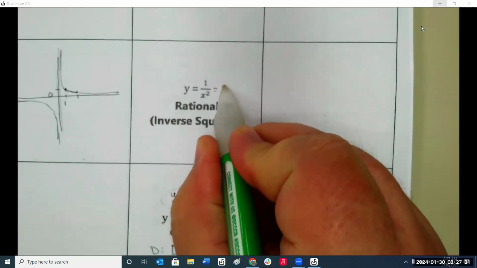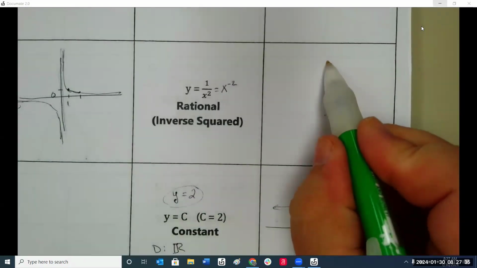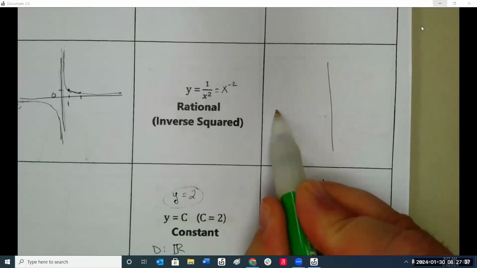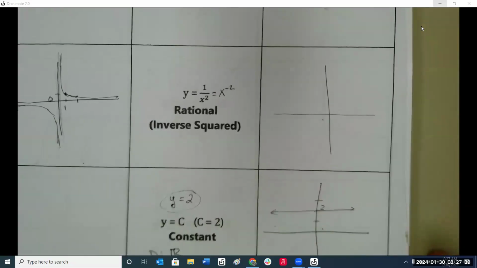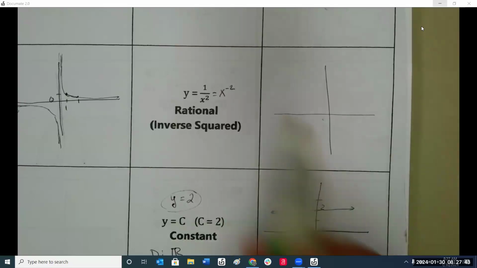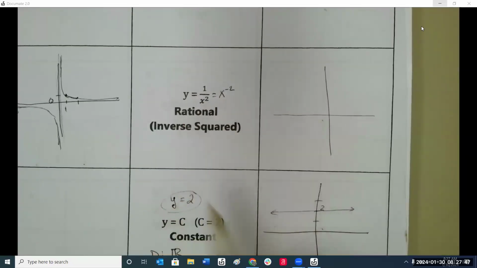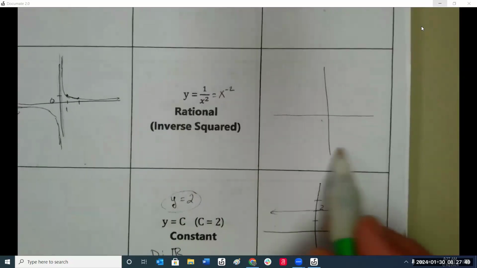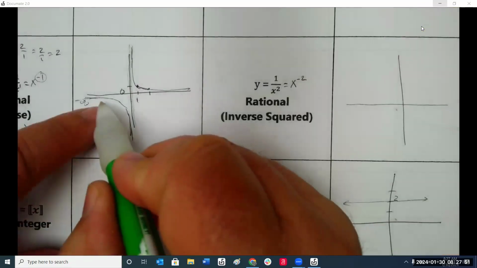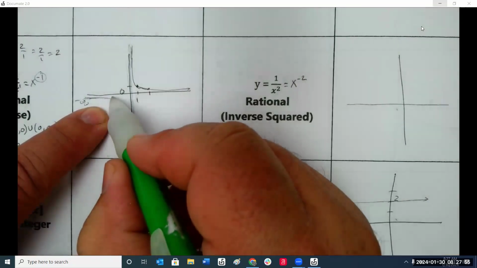This one is even. This one can be rewritten as x to the -2. Since it's even, can the answers ever be negative? No, because if you put a negative x in there and you square it, it becomes positive. So we can't have any negatives. So basically what that means is, what happens to the negative numbers here? They rotate.